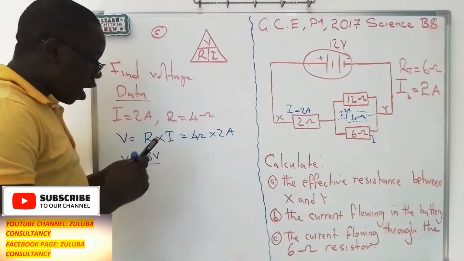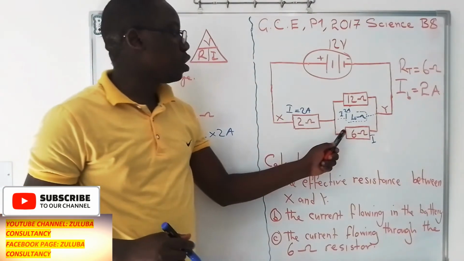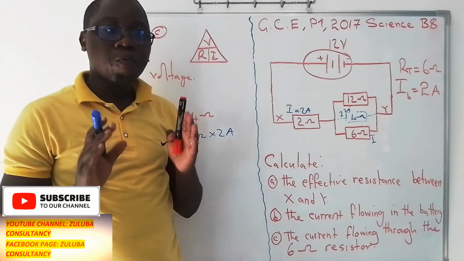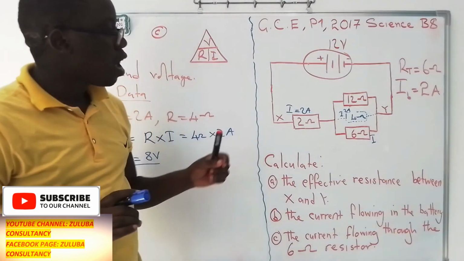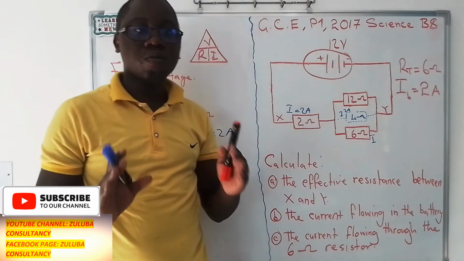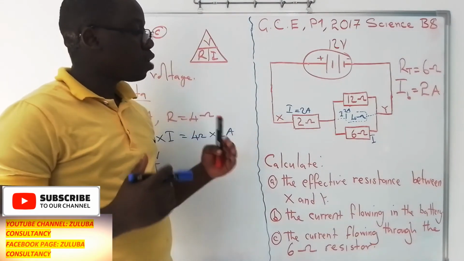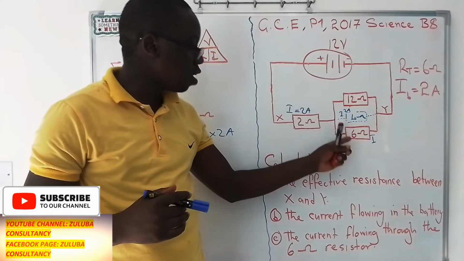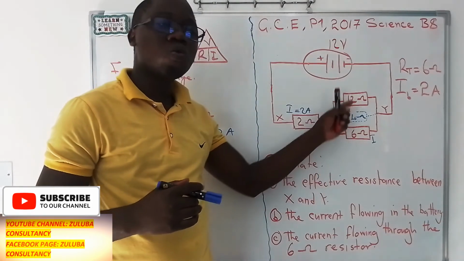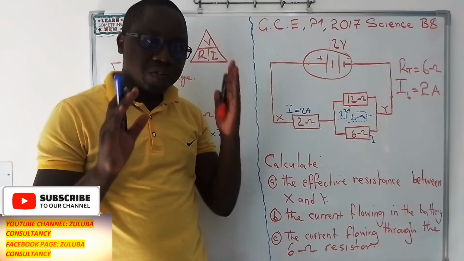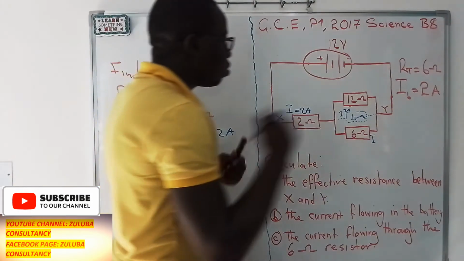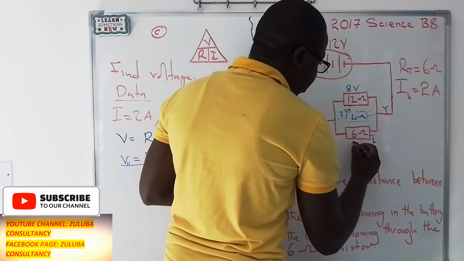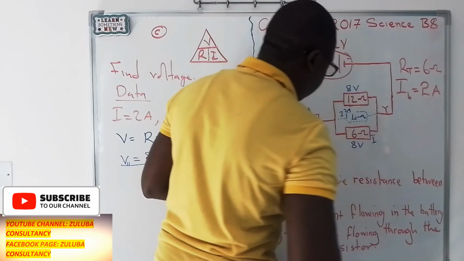So if 8 volts is reaching these two components, we now borrow the principle of parallel circuits. In parallel circuits, the voltage is the same on the two components. So the voltage does not change. This simply means this first resistor has 8 volts and this other one also has 8 volts.